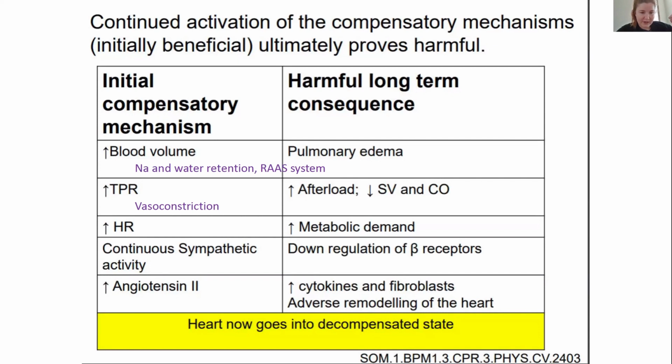Sympathetics, you're going to have a down regulation. And if you increase A2, angiotensin 2, it can increase the cytokines, fibroblasts, and then you can start the adverse remodeling of the heart. So then it goes into decompensation. Yeah, the next slide.